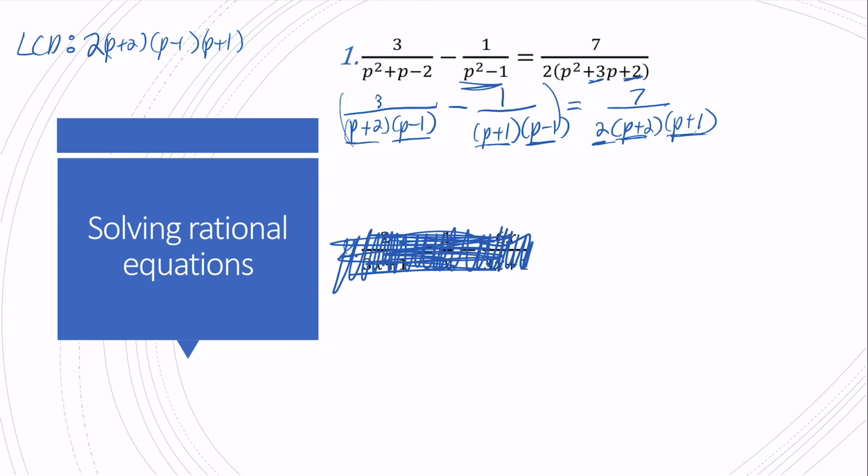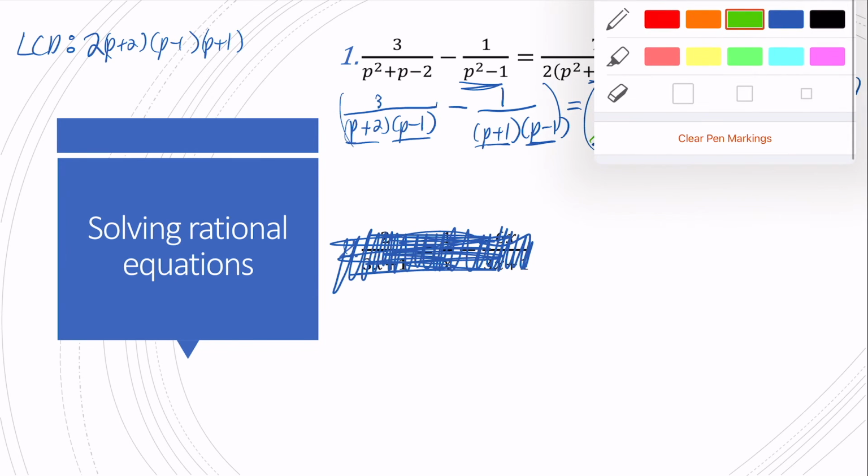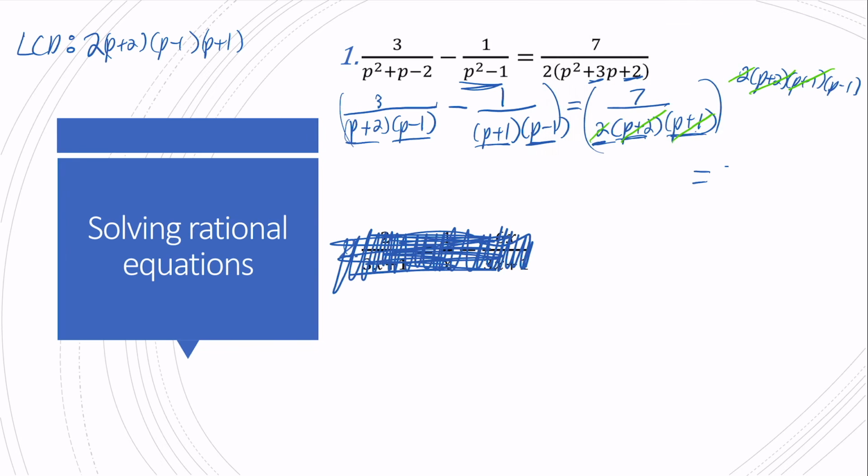So we multiply by our LCD on the left and on the right. And I hope we see on the right here that my 2 is going to cancel, and my p plus 2 and my p plus 1. So I'm going to be left with 7 times p minus 1.